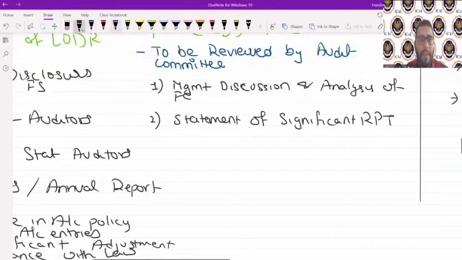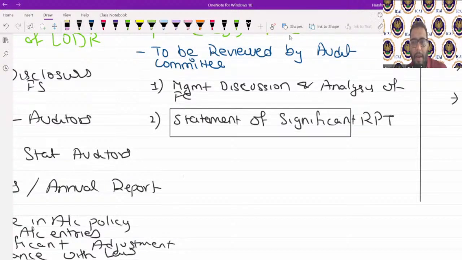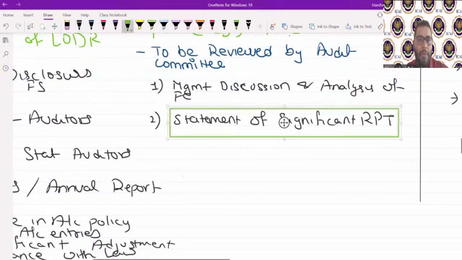Now, statement of significant related party transactions is something newly added, with effect from 1st April 2022. This is also an amendment.